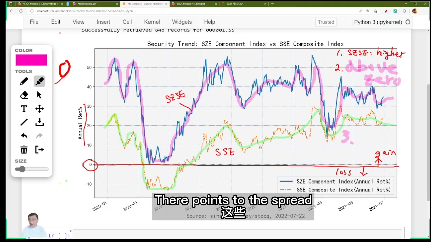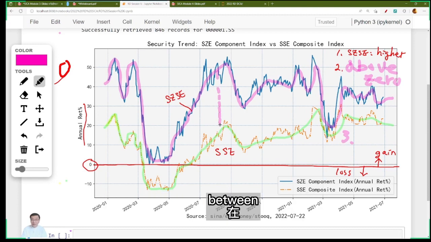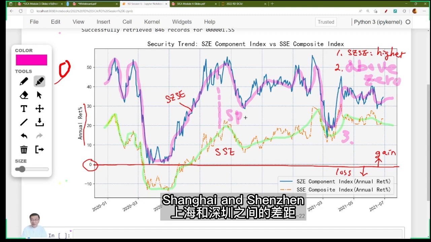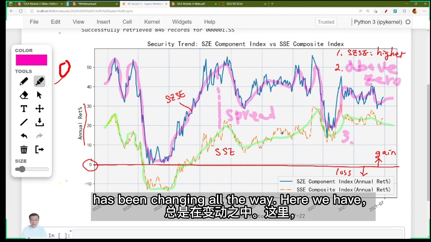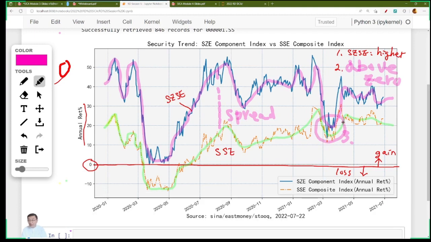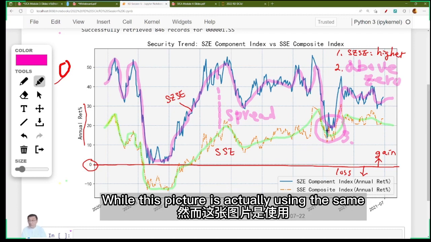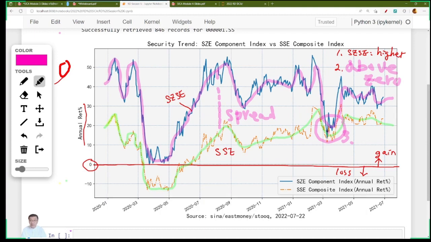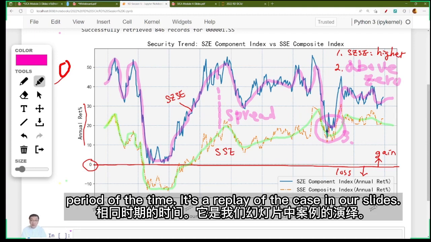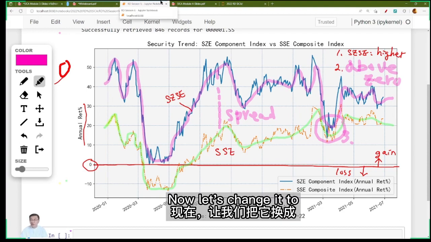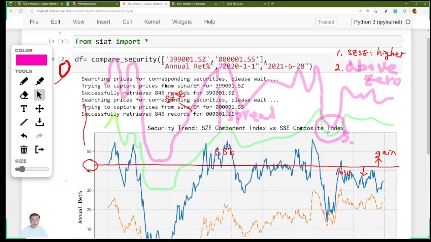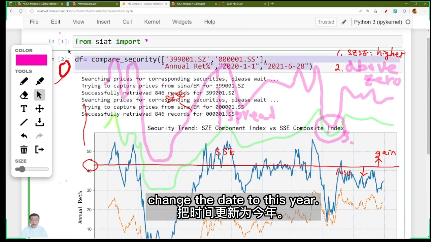Third point, the spread between Shanghai and Shenzhen has been changing all the way. Here we have the same thing. This picture is actually using the same period of return. It's a replay of the case in our slides. Now let's change the date to this year.